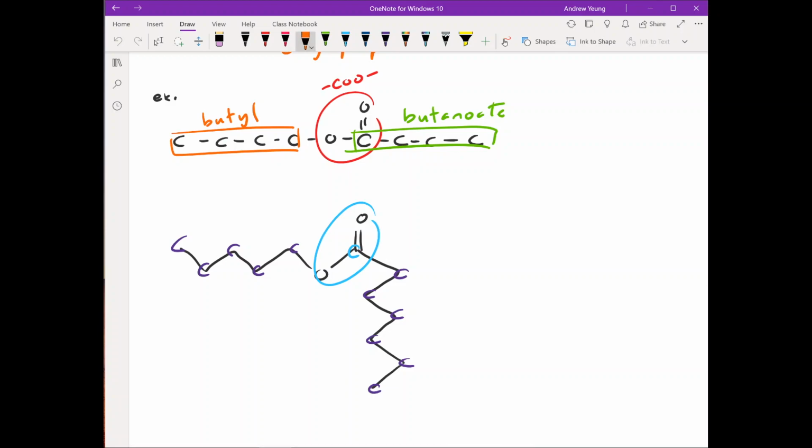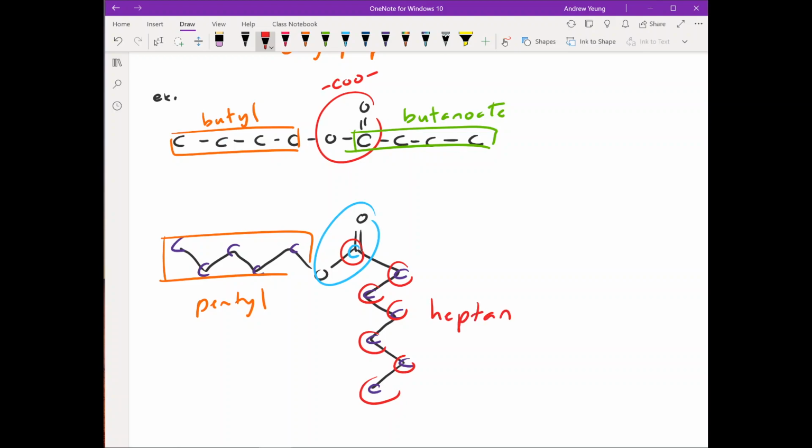So this part here is going to be called a pentyl. And then the parent side, this time it was actually longer, counting the carbon in that COO grouping. I have 1, 2, 3, 4, 5, 6, 7. Okay, so that's going to be hept. It would have been a heptane, but now we're going to change the ending. Pentyl heptanoate. Okay. So that's how you end up naming esters.